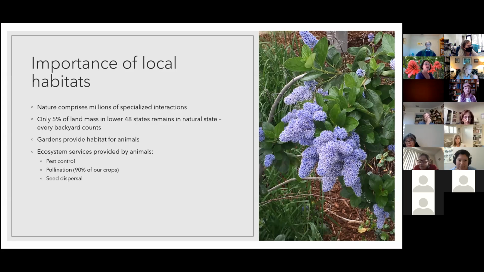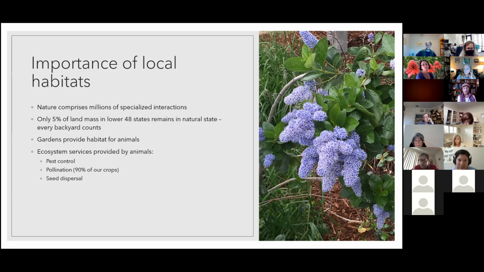So natural ecosystems are comprised of many interactions between the soils and the plants and the wildlife and the insects. And similar to what Ron mentioned for California, of the total land mass in the lower 48 states, there's very little that remains completely untouched by any kind of management. We've converted a lot of our open space lands to grazing. We have converted a lot of natural habitats to transportation ways and infrastructure in cities and so on.